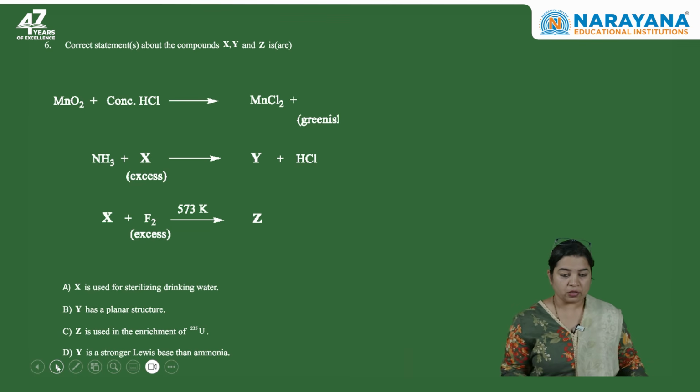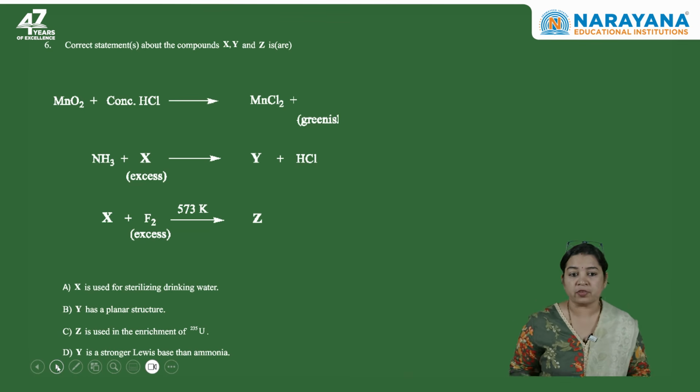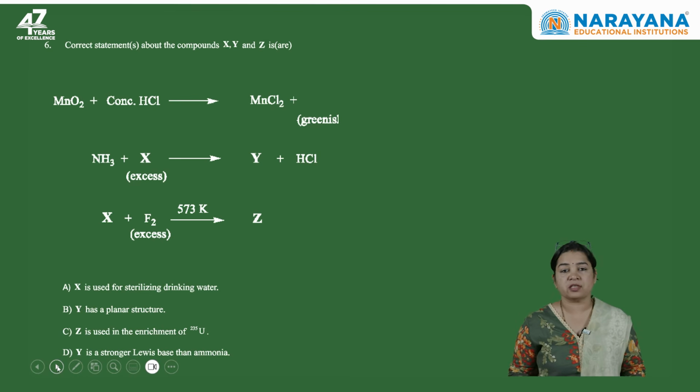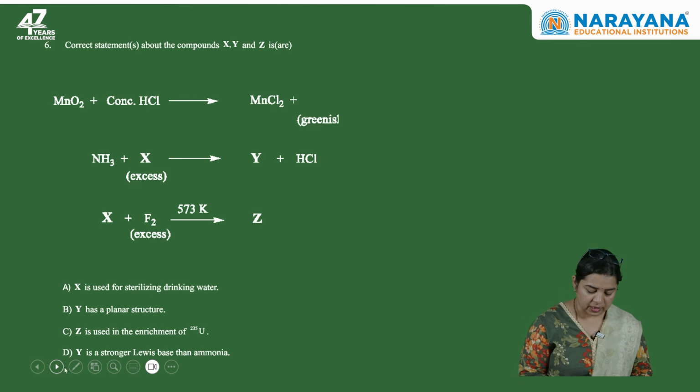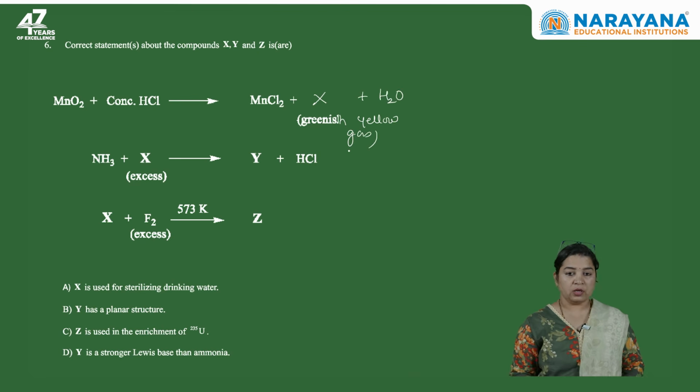So coming to this question of inorganic, which is again directly taken from NCERT. The entire inorganic this time, if you see, is directly picked from NCERT. As I can see, there is a slight typing error: MnCl2 plus X, a greenish yellow gas, was written here, and H2O was also produced in the reaction.